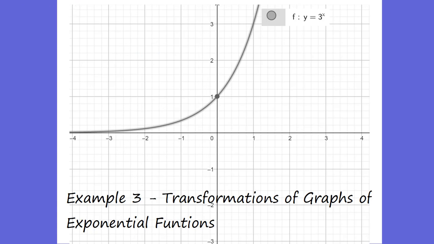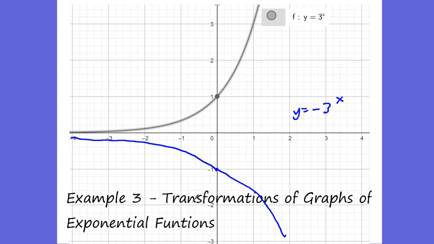So our example 3 is going to be transformations of our exponential functions. This is going to be kind of important to understand. So this is the graph of y equals 3 to the x power. If you wanted to know what the function y equals negative 3 to the x power looks like, well, that negative in front of the function is going to literally take this and mirror it to the x-axis.